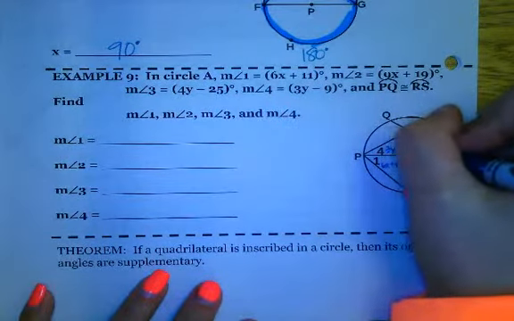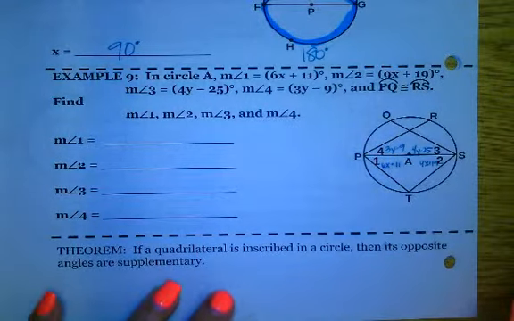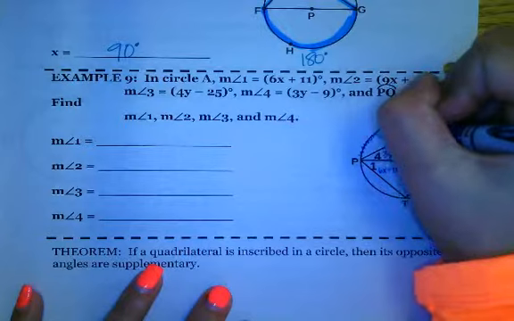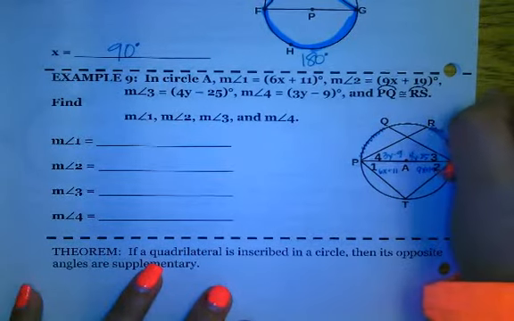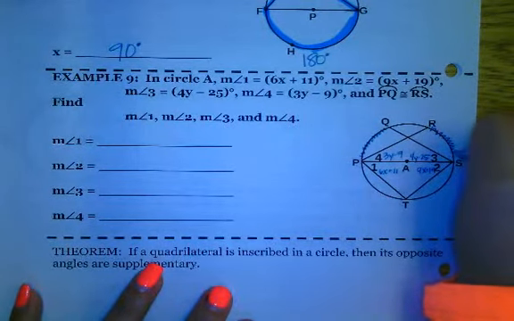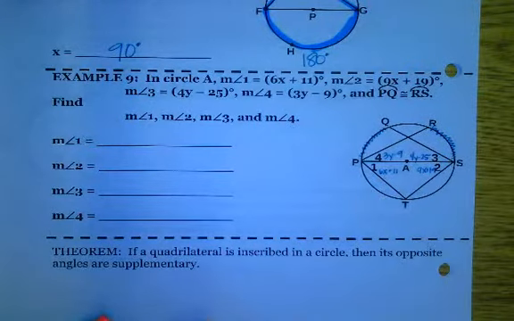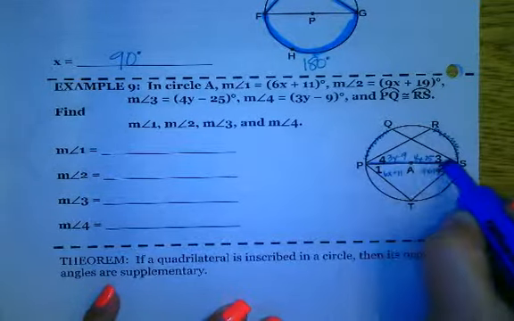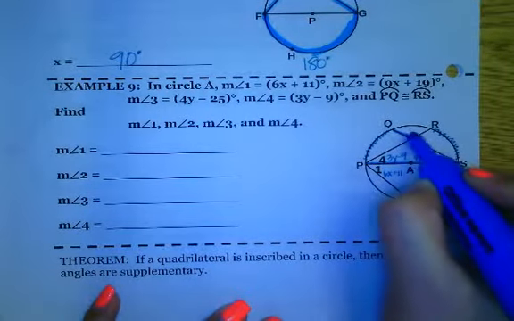And you know that arc PQ is congruent to arc RS. So what does that tell you about angles 3 and 4? They're congruent, because if they open up to congruent arcs, then those two angles have to be congruent.